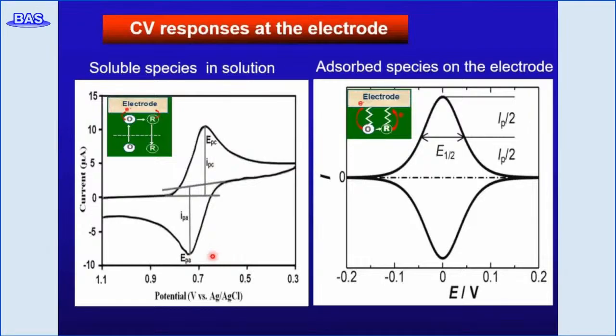On the other hand, chemical species adsorbed on the electrode surface give the CV that is ideally vertically symmetric with zero potential separation between the anodic and cathodic peaks, since there is no diffusion of the species.